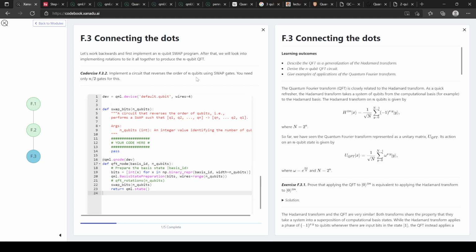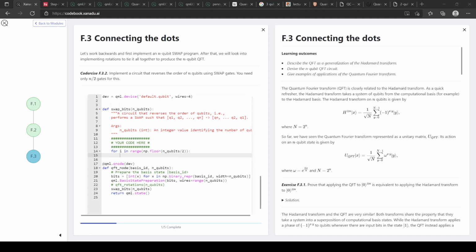Okay, what are we doing? Okay, we're swapping bits. Let's see, so we're going to do for i in floor of n qubits over 2. That's going to round us down.